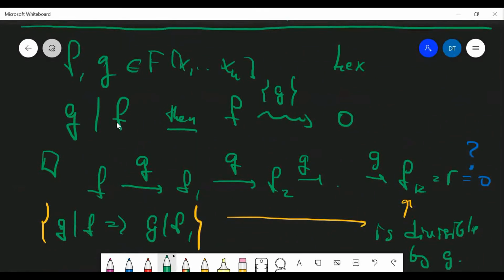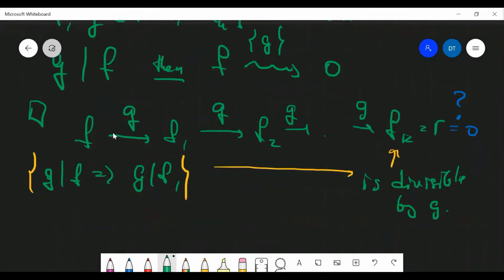Okay. And what I'm saying is, if f is divisible by g, then if you take any reduction of f with respect to g, you will always get 0. So I took an arbitrary sequence of reductions of f with respect to g, and I want to prove that the remainder is 0.